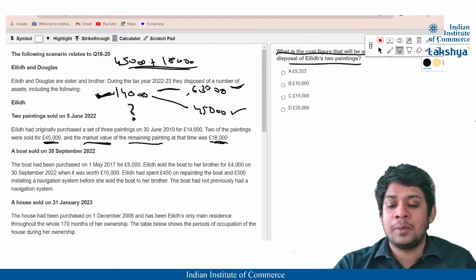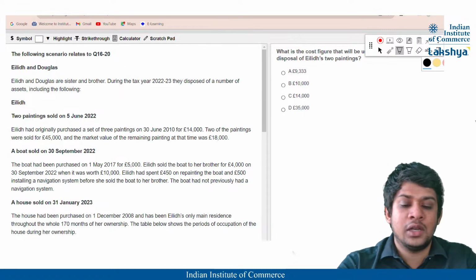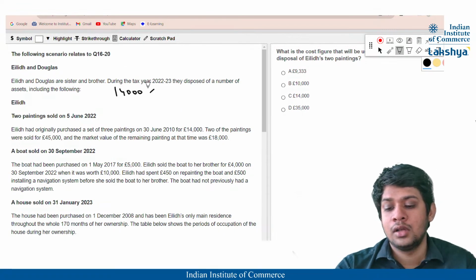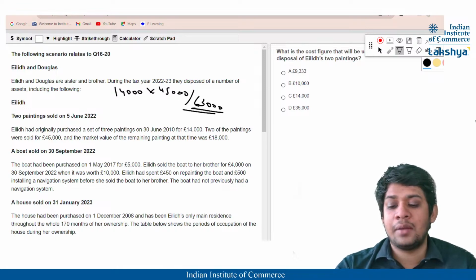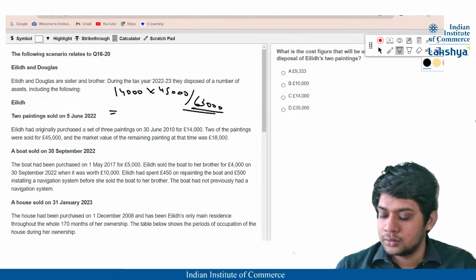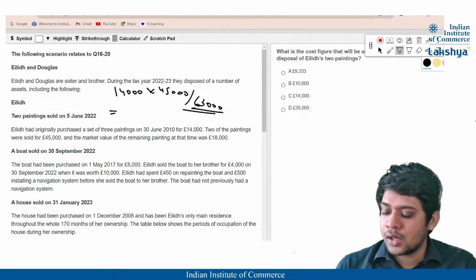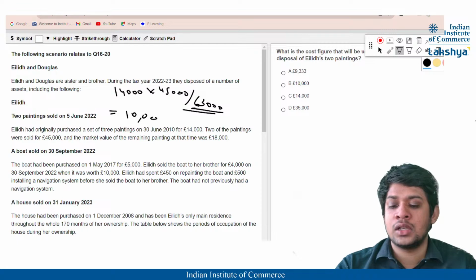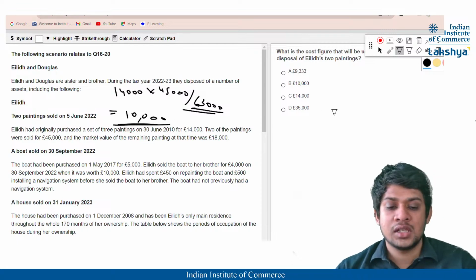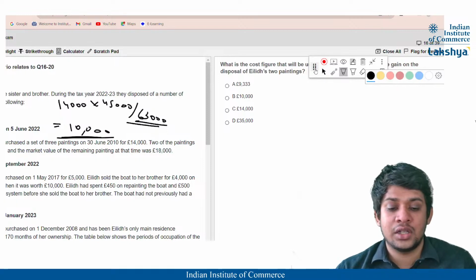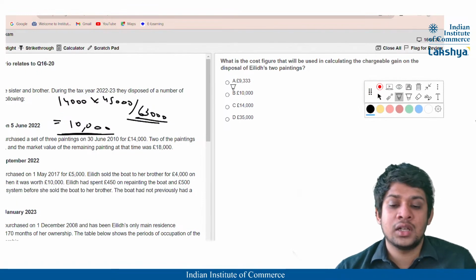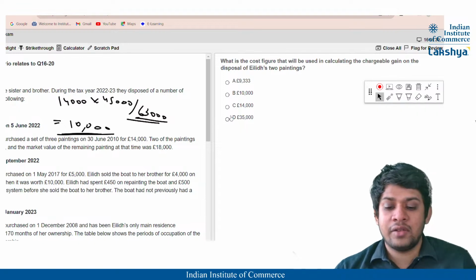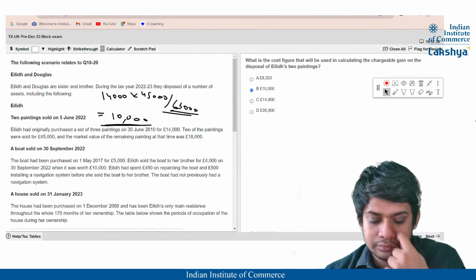We cross multiply: 14,000 into 45,000 divided by 63,000, that is 10,000. 10,000 is our cost. We have to calculate the cost figure, not the chargeable gain. So the cost figure that will be included is £10,000.